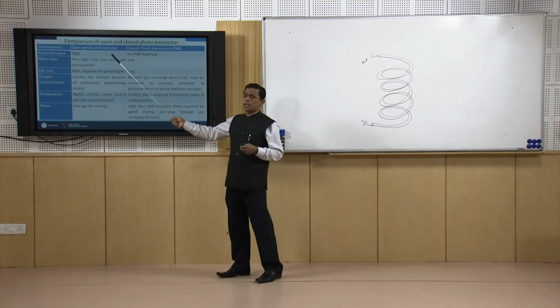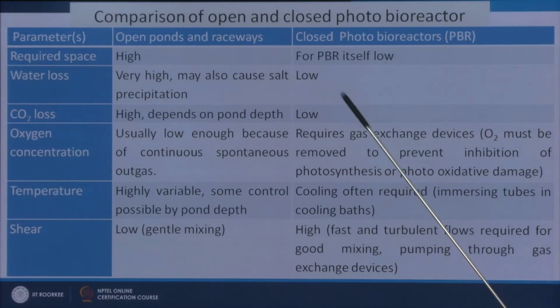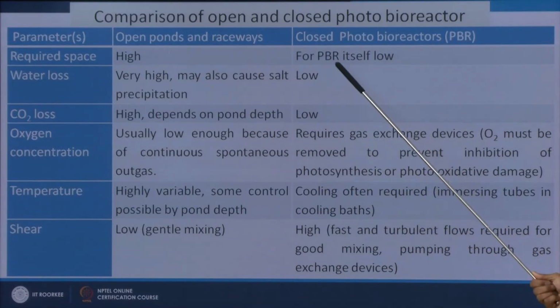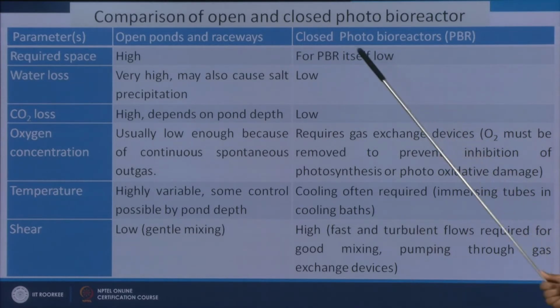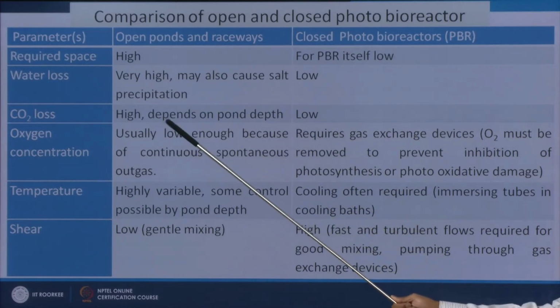So, obviously the space requirement is very high for open ponds, but for closed photobioreactors this is low. Then water loss also is very high in case of open pond, during rainy seasons it will be vaporized. Carbon dioxide loss will also be high in case of open pond.